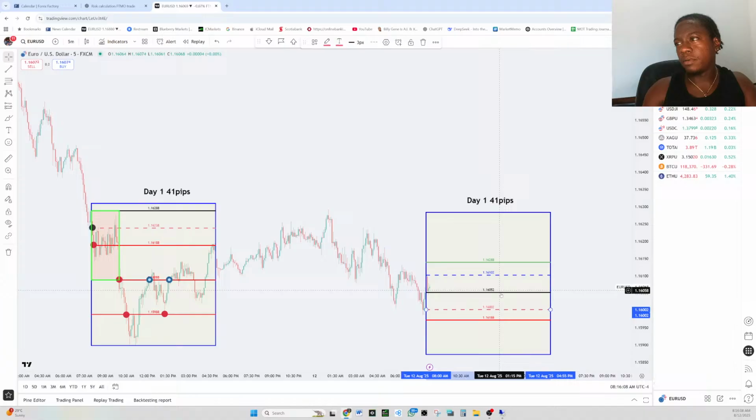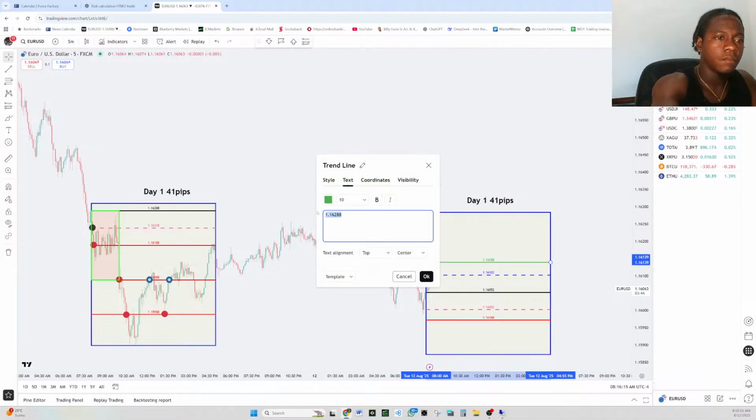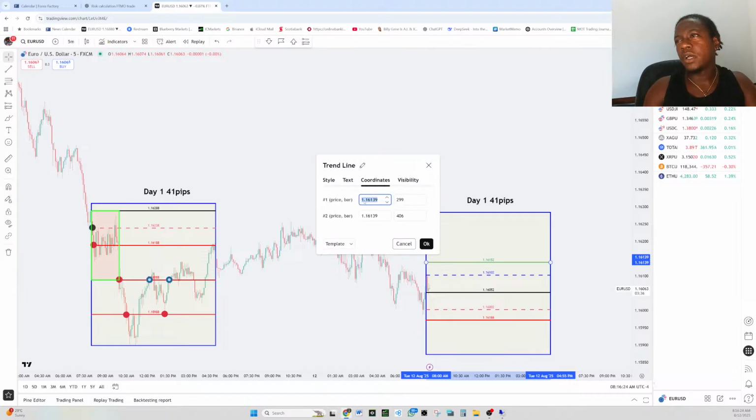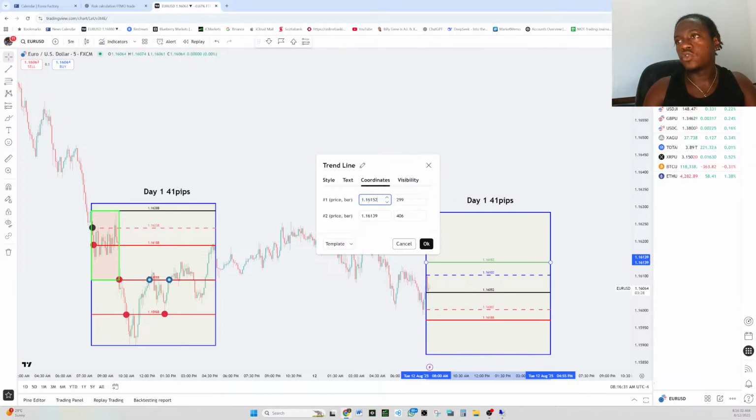That'll make the bullish level 1.16152. That's adding 10 pips to the 8 a.m. candle open price. 10 pips is expressed as 0.001, so you add 1 to the third decimal place.